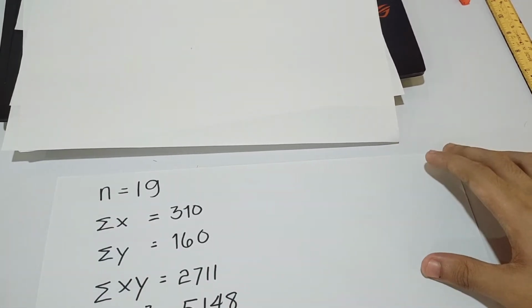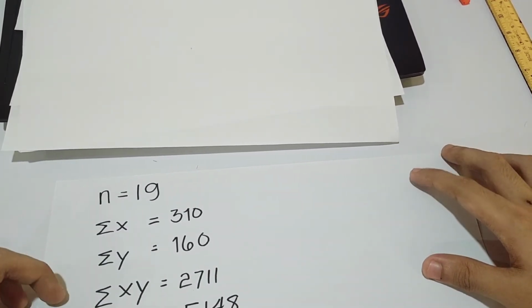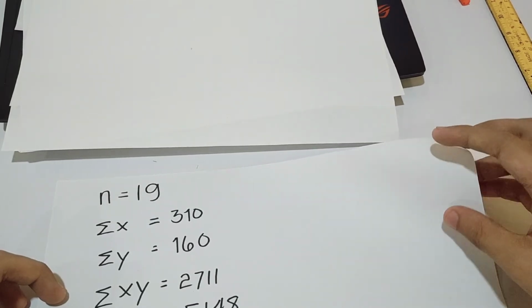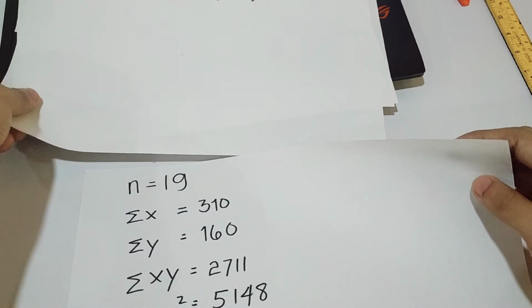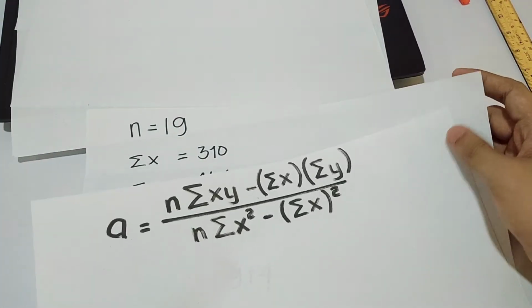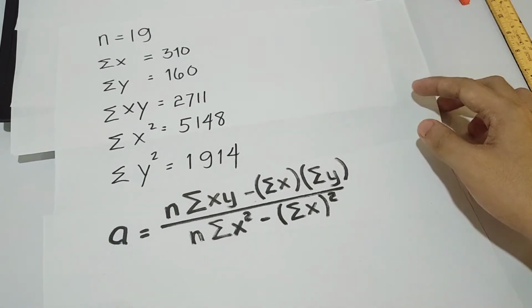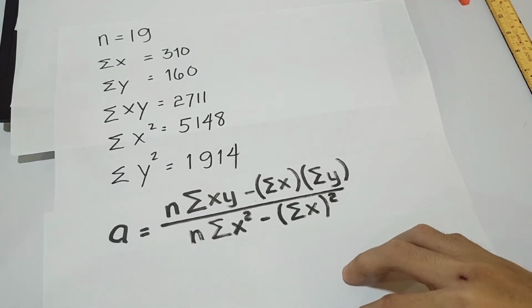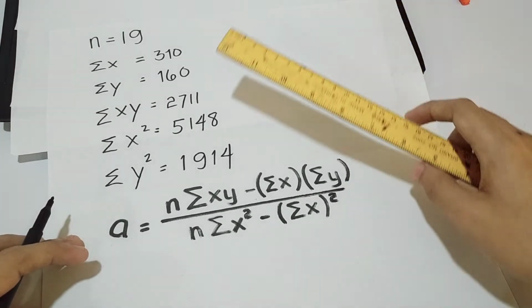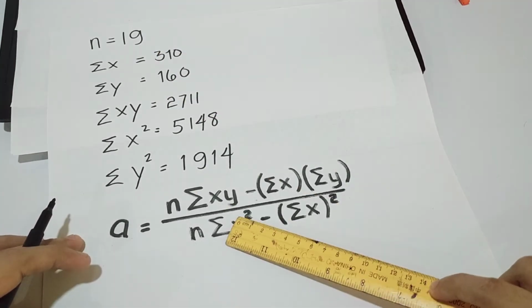So now that we have all these values written down, we can then easily solve the value of the coefficient a. So let's go back to our equation. We simply need to substitute these values in the equation.